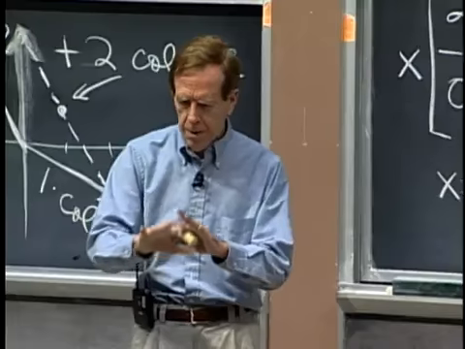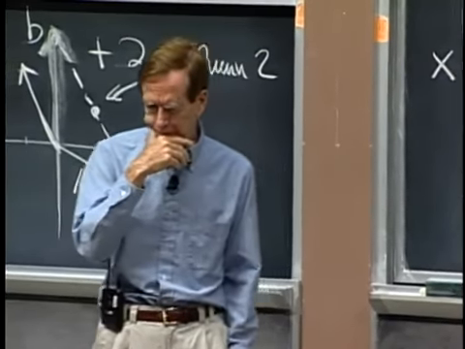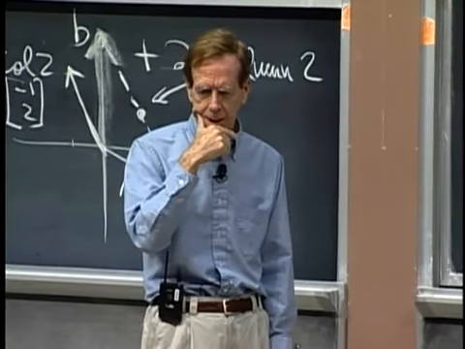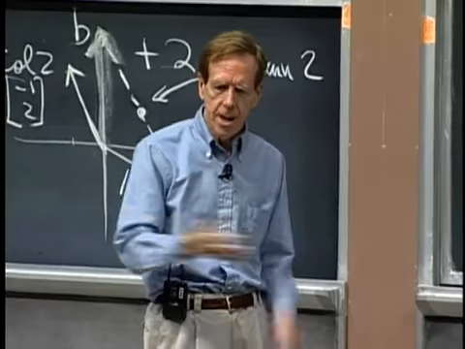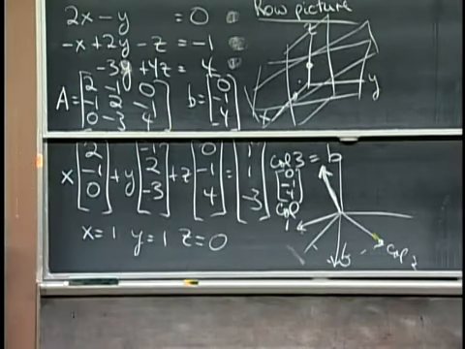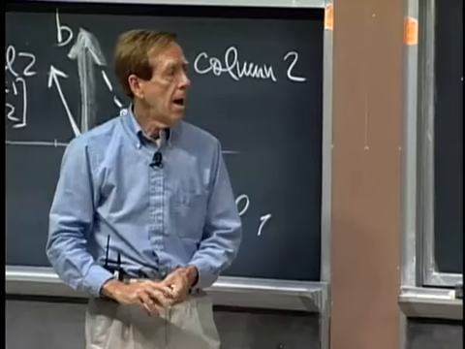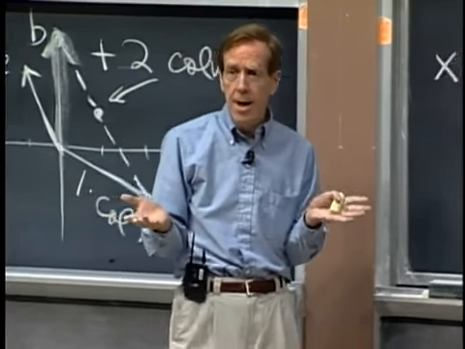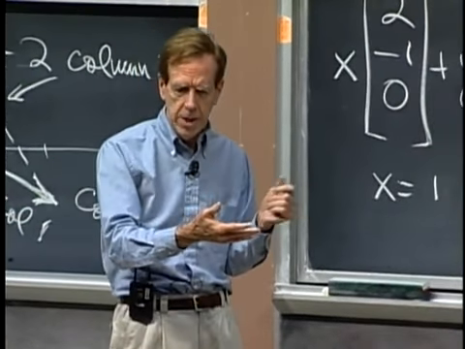Okay, so that's like we squeezed in an extra example. But now think about all B's, all right-hand sides. Can I solve these equations for every right-hand side? That's the algebra question.